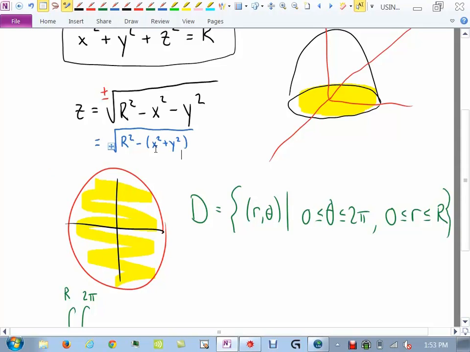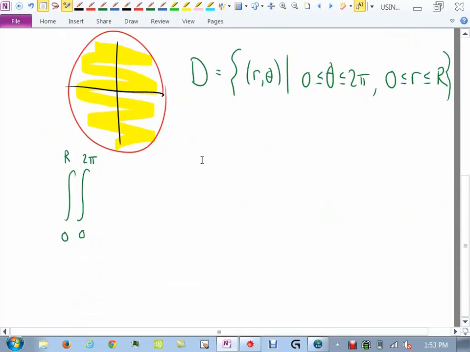But what's x squared plus y squared? Go back to your Cartesian. It's little r squared, isn't it? The Pythagorean identity, x squared plus y squared equals r squared. So when I come back down here, this is just the square root of capital R squared minus little r squared, times r, d theta dr.